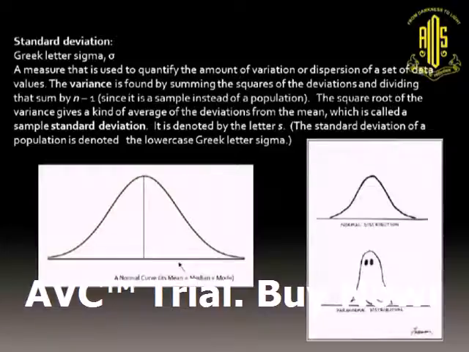I won't go into the details of how we calculate it, but suffice it to say that standard deviation gives us the heterogeneity of the data. It tells us how heterogeneous or homogeneous the data is. If your standard deviation is low, then your data is homogeneous. If your standard deviation is more, then it is heterogeneous and it will require a larger sample size, right?